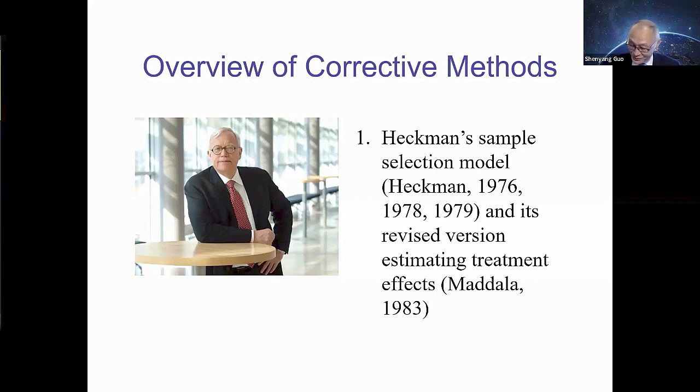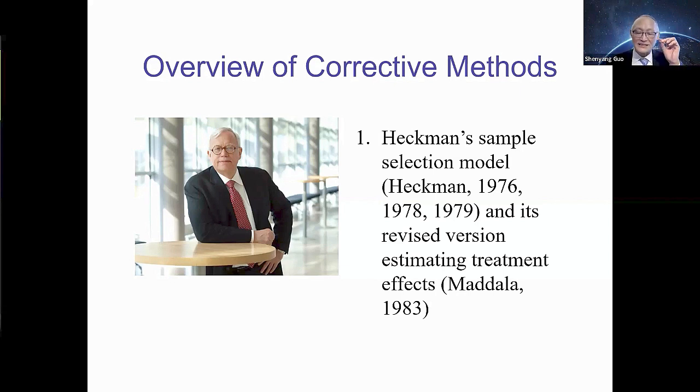Because the residual term of the sample selection model is basically a hidden selection, unobserved heterogeneity. The residual term is a lump sum of unobserved or omitted variables. So to some extent, Heckman's model is one of the few methods that controls for hidden selections.